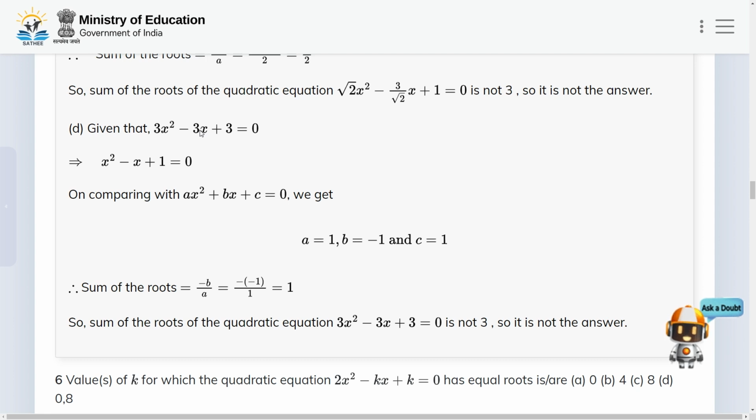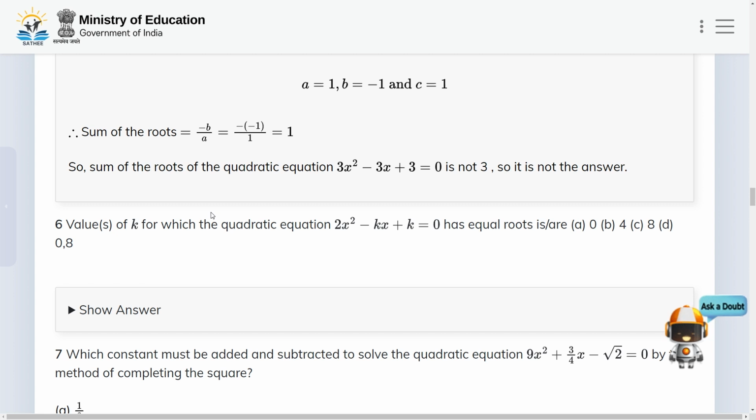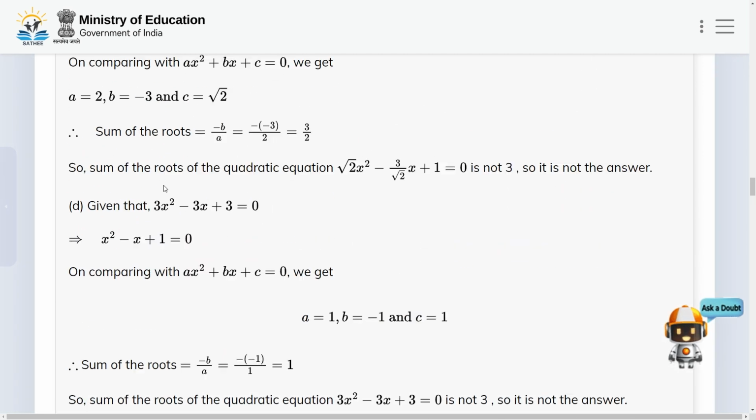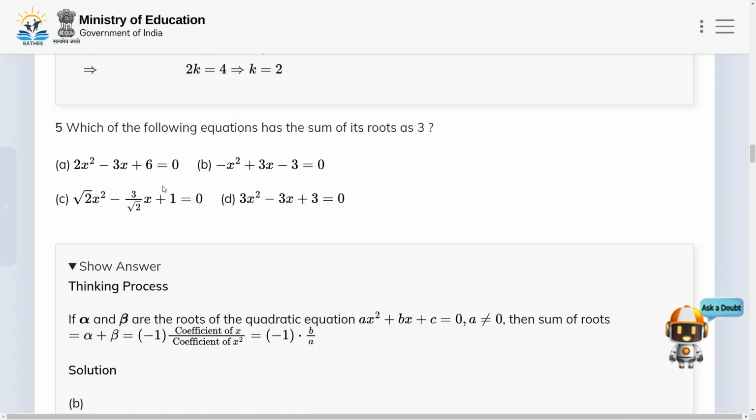Therefore the sum of the roots is −b/a, which is −(−1)/1, and this is 1. So the sum of the roots of the quadratic equation 3x² − 3x + 3 = 0 is not 3. So it is not the answer. So here the correct answer is only option number B.